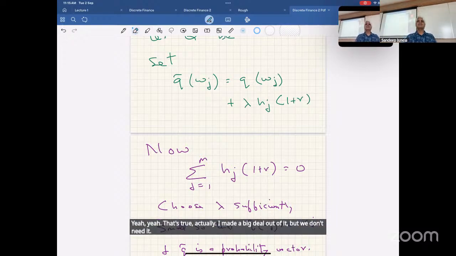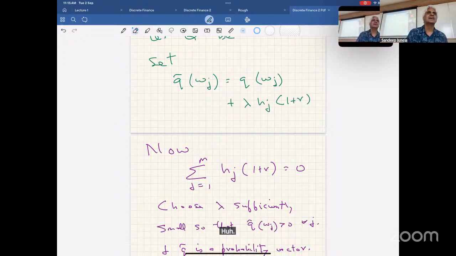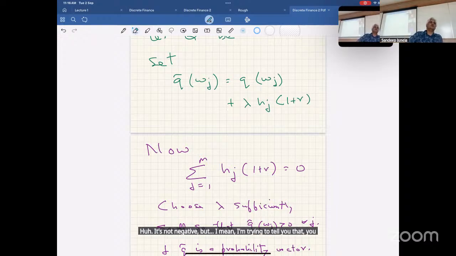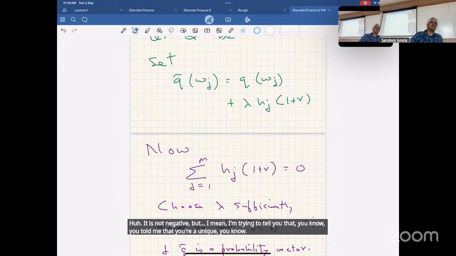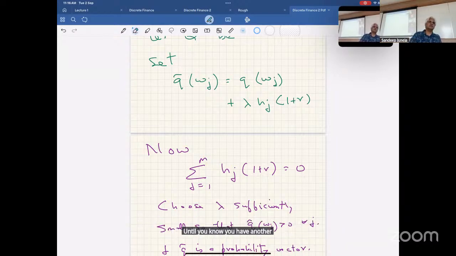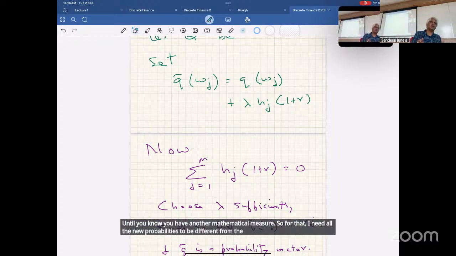What makes it, if lambda is not small enough, it's not negative, but... I'm trying to tell you that you were bragging that you had a unique equivalent martingale measure. I'm telling you, no, you have another equivalent martingale measure. For that, I need all the new probabilities to be different from the old ones and all strictly positive.